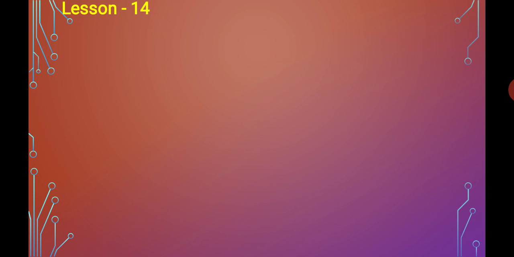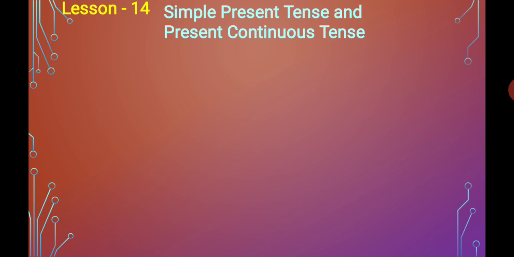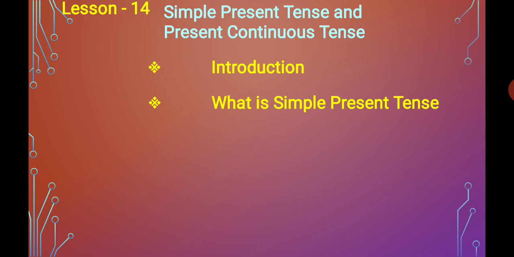Let's see what is the name of the lesson. Simple present tense and present continuous tense. This lesson is about time. So let's see what we will learn in this lecture today. First of all, we will see the introduction, that means I will give some basic information about tense. Then we will see what is simple present tense.